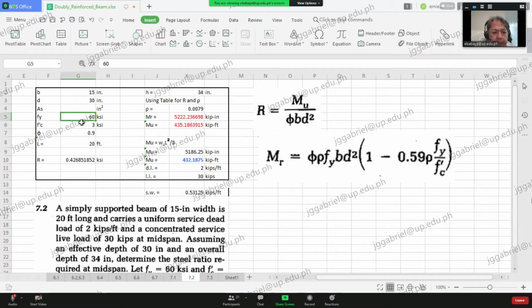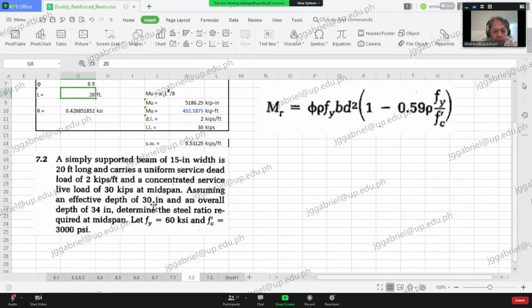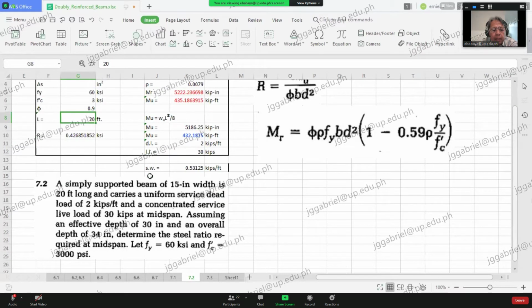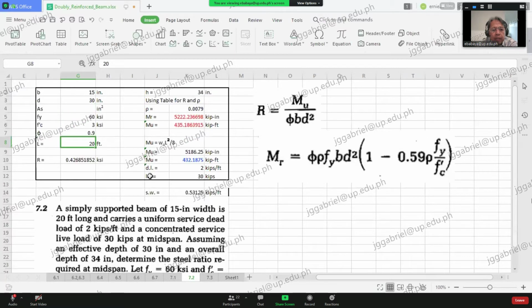Then Fy is 60, F prime C is 3, phi is 0.9, of course, and then your length is 20 feet, as mentioned here. Now you are being asked for the steel ratio required.